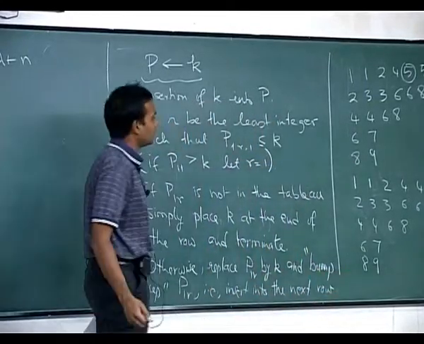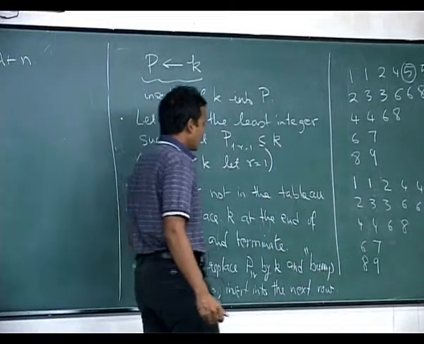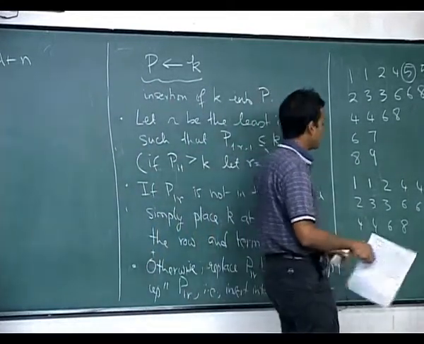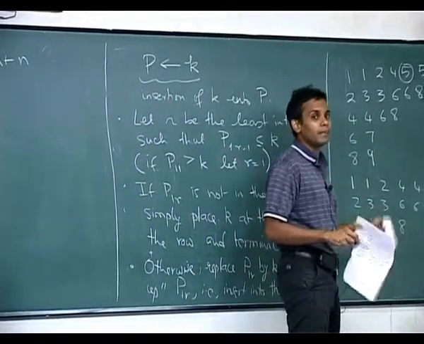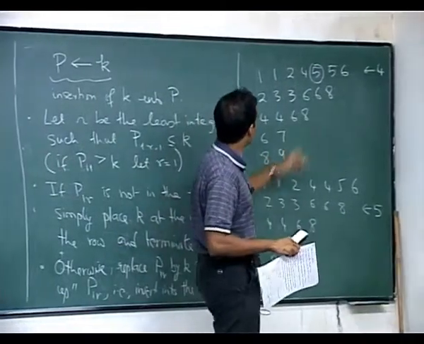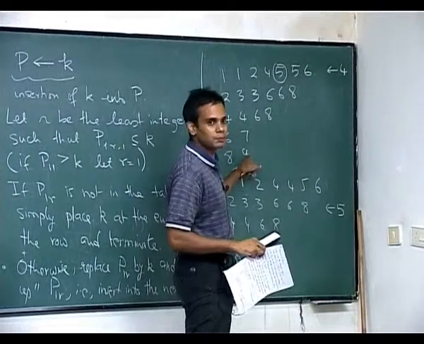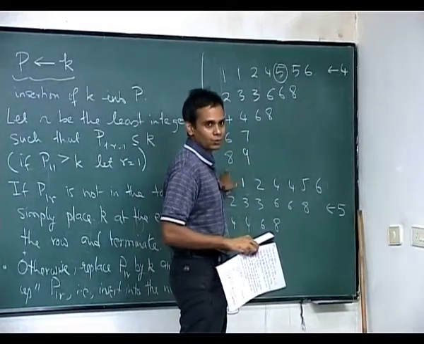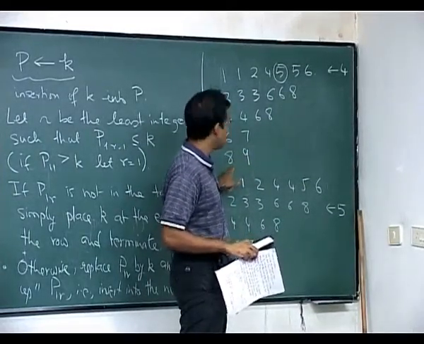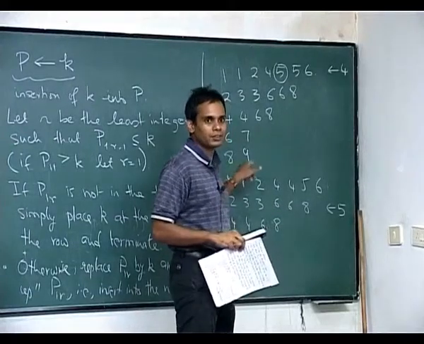This process will end at some point, when you add something to the end of a possibly empty row. It could be that you keep bumping up things and maybe this 9 gets bumped up from here to this next row. This is an empty row, you just let it sit there, there would be no contradiction in doing so.